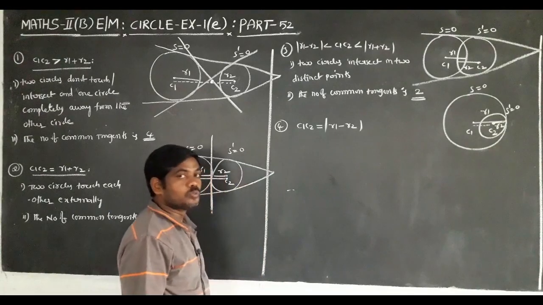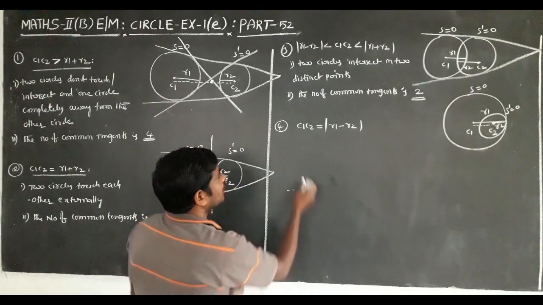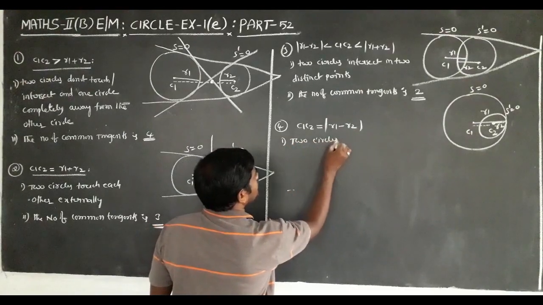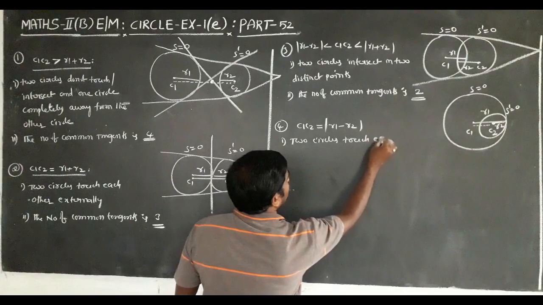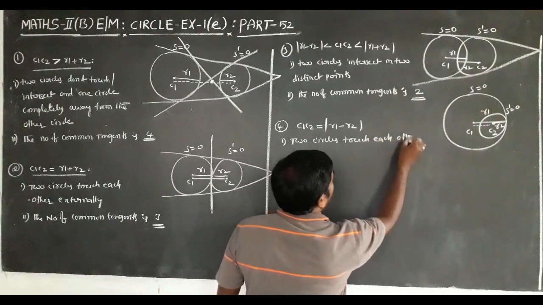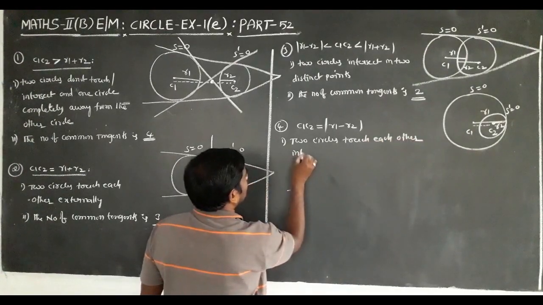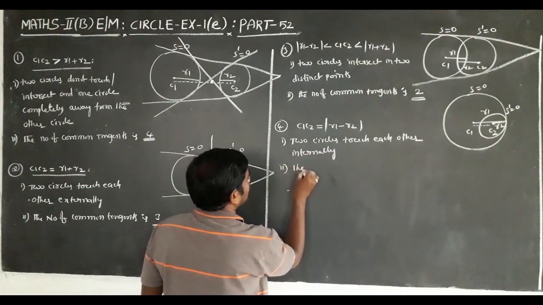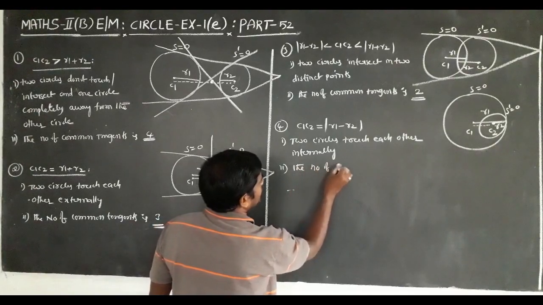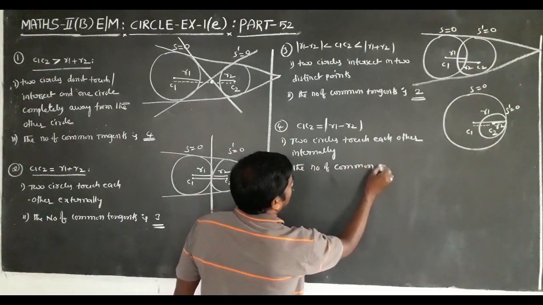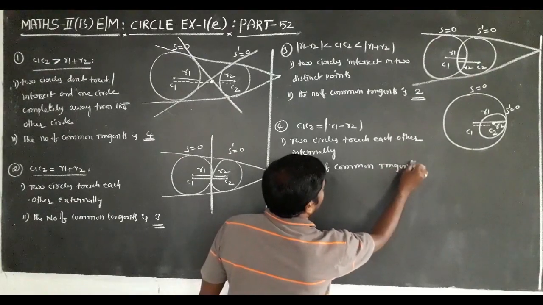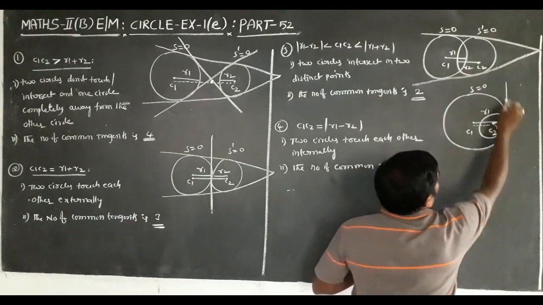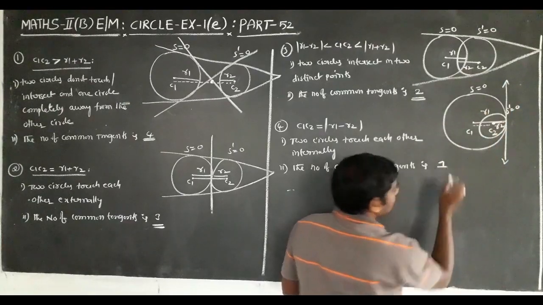In this case, two circles touch each other internally. The number of common tangents is only 1.